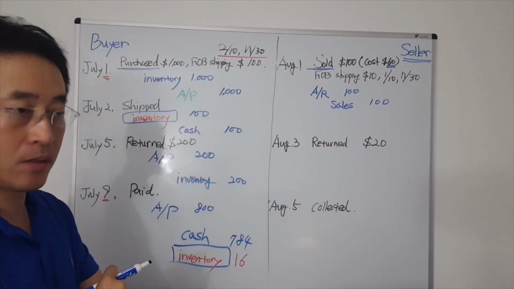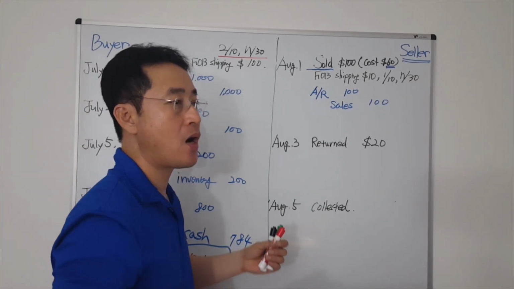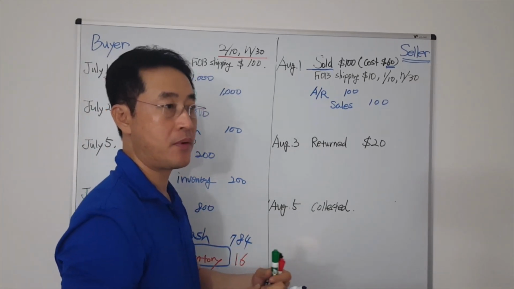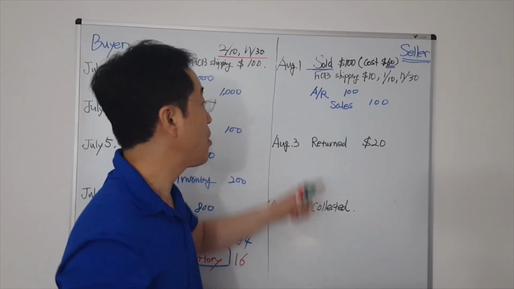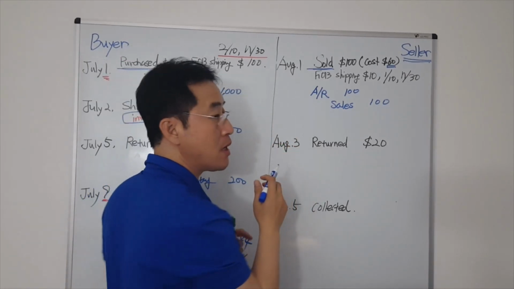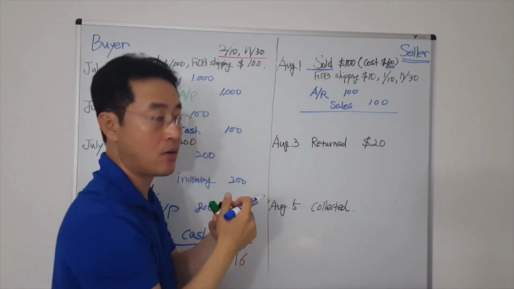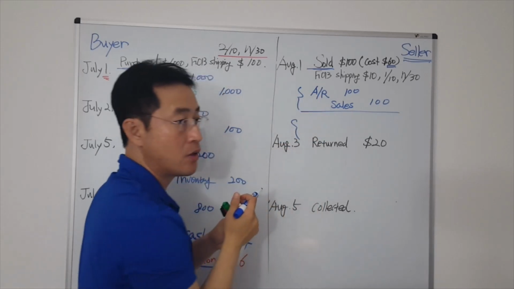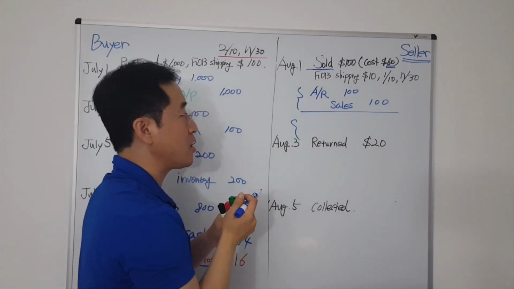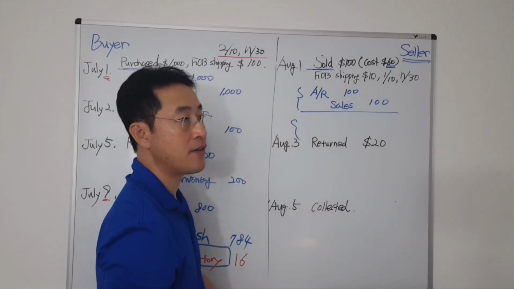That's it? No. Perpetual inventory system: we update the level of inventory and cost of goods sold in real time. How? By preparing a second journal entry together to update the inventory and cost of goods sold. When we sell, we decrease the inventory.